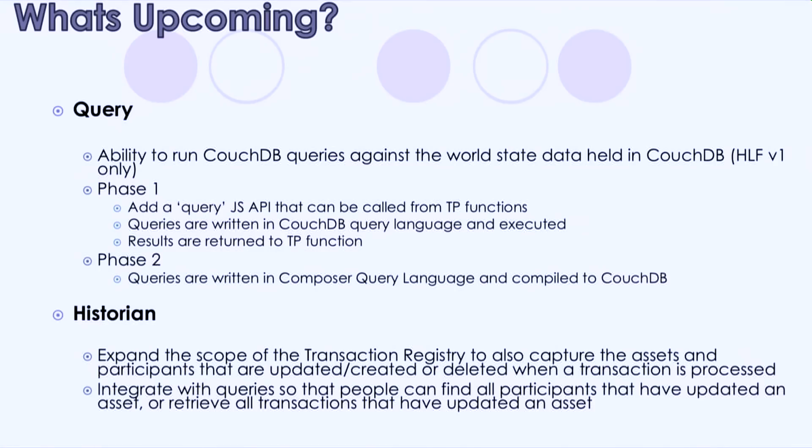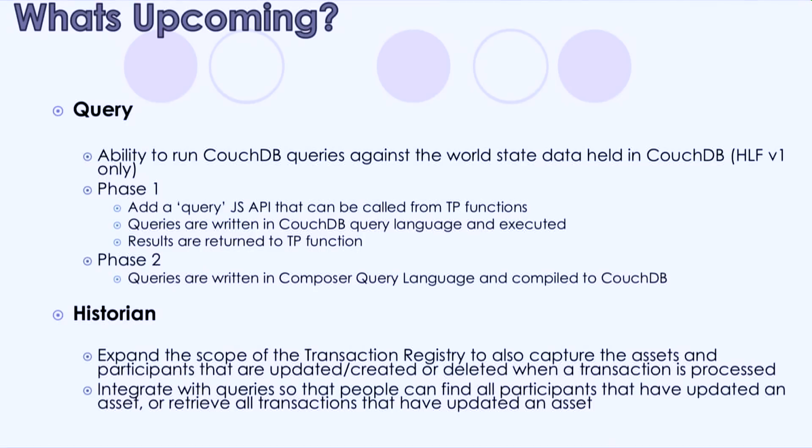So at the moment we have v1 running in the lab configured to use Couchdb. So all the world state is being stored in Couchdb. And now the second step is to start writing Couchdb queries so we can run complex, rich queries over the data that's in the world state. And then, similarly to the approach for emitting events, we'll add a query function that you can call from your transaction processes.